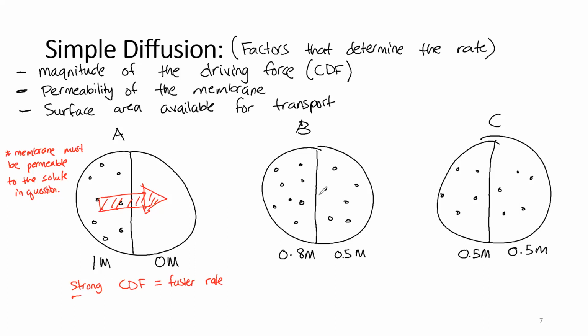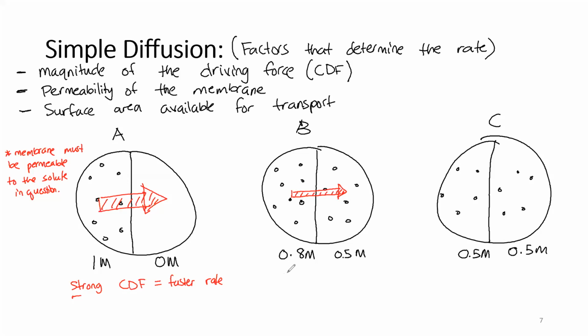In scenario B, we don't have as much of a driving force because we don't have as strong or as large of a concentration gradient, right? The amount of particles are pretty close. They're not as drastic as we see in scenario A. And so we do have a driving force that wants to move these particles, but it is a smaller driving force, okay? Again, bearing in mind that the membrane is permeable to the solute.